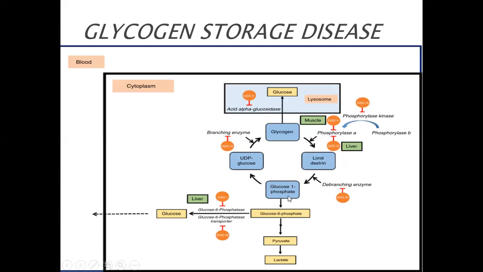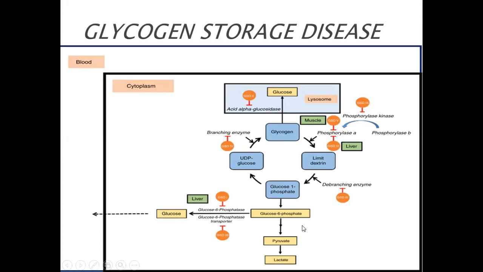Now, your glucose 1 phosphate is converted to glucose 6 phosphate, and this glucose 6 phosphate, by a phosphatase transporter, may be converted into glucose in the liver or in the muscles.